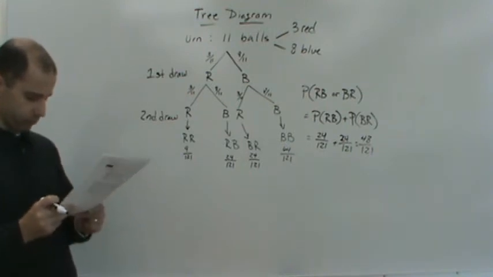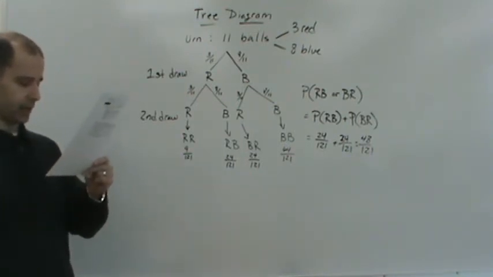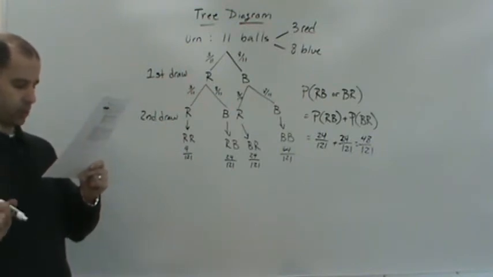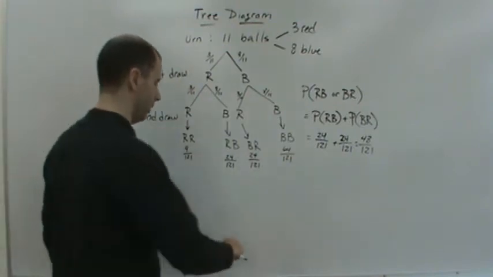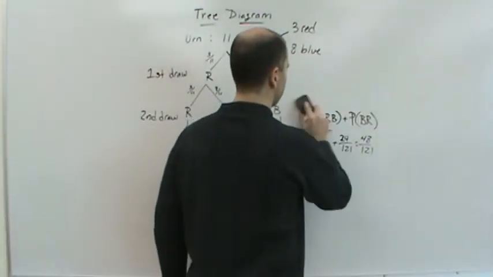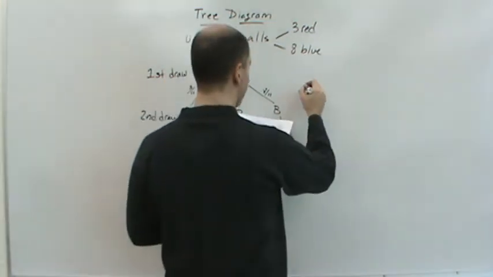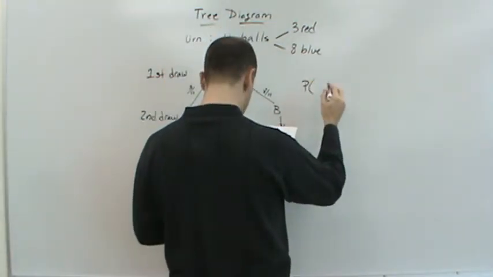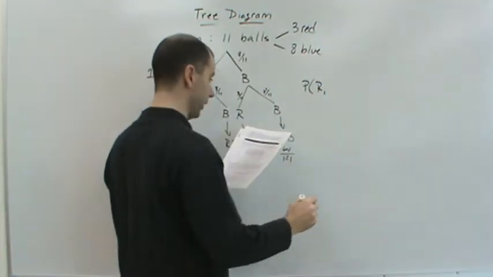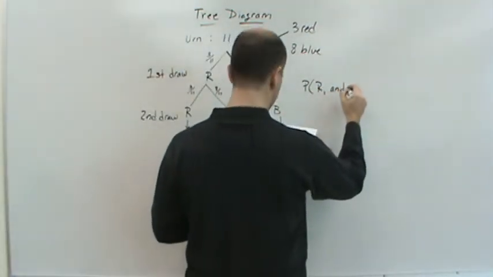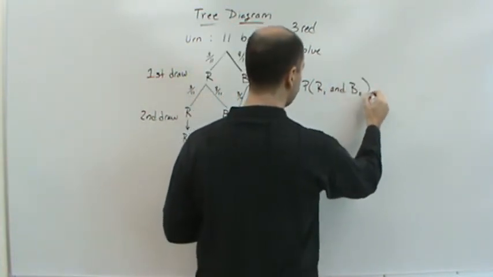Okay, now, what about it says, use the tree diagram, calculate the probability R on the first draw and B on the second draw. Okay, let's look at that one. So now it says, probability of R on the first draw, there's my subscript 1, and B on the second draw.